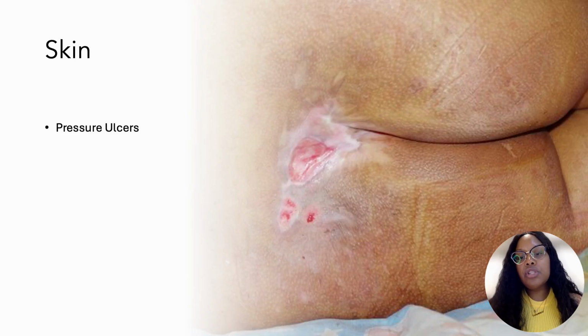Or you can literally just put a pillow under their knees, and that'll float their heels. So you just want to make sure that you are turning your patient every 2 hours. And if your patient is dealing with any incontinence, meaning they can't control their bowel or bladder, then we want to make sure that we're keeping their skin dry.